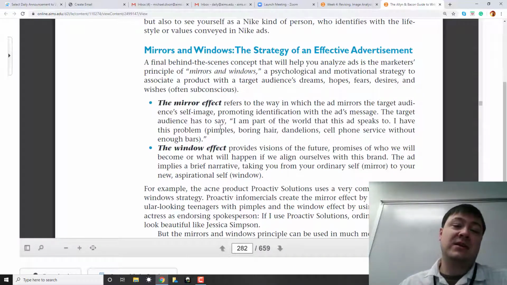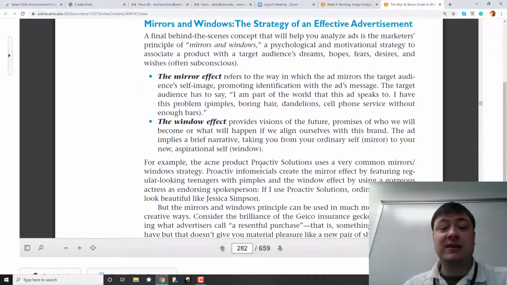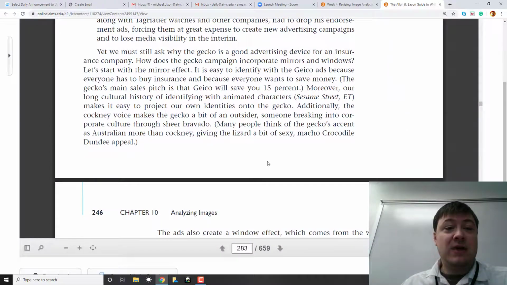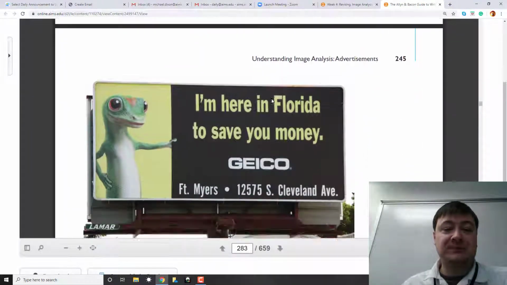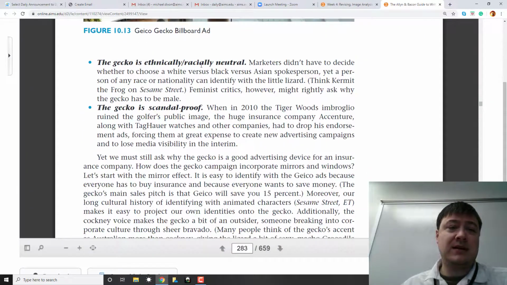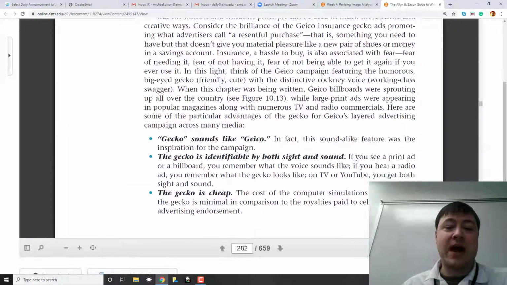So there are different ways, whether subliminal or overt and in your face, that advertisers use the mirror and window effect to a great extent. The rest of this reading uses Geico, breaking down why it's successful.